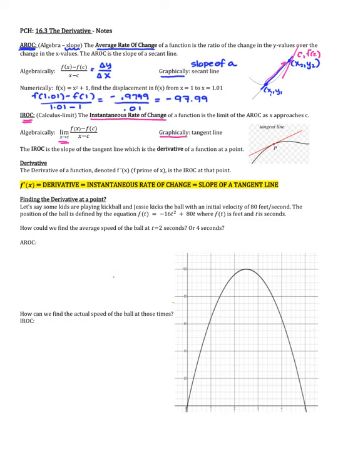It means you have now a tangent line. For all intents and purposes, if you make the delta x incredibly small, which is what we want. So the IROC, the instantaneous rate of change, is the slope of a tangent line, that's graphically, which numerically is going to become what we call the derivative of a function at a point.